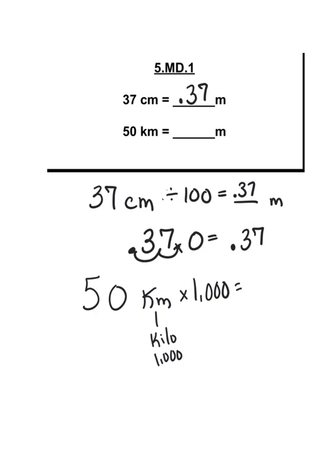So let's go ahead and multiply our non-zero digits first. There's a couple ways you can do this, but to stick with the strategy I showed you before, 5 times 1 is 5, and now I have to count up my zeros. I have 1, 2, 3, 4 zeros. So my product is going to be 50,000 meters.